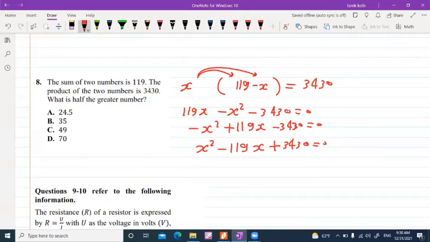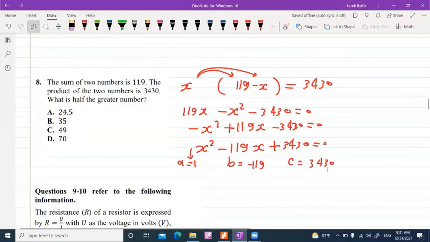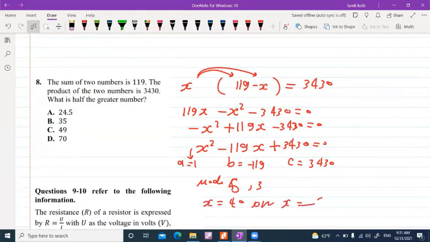The a equals 1, the b equals negative 119, and the c equals 3430. Use mode 5 3 in the calculator and get the values of x. You have two solutions here. x equals either 49 or x equals 70. But what is half the greater number? It means half of 70. Half of 70 equals 35.